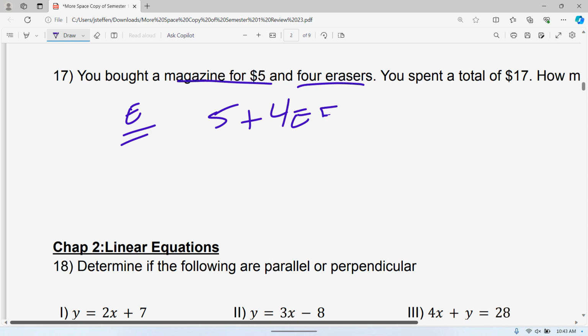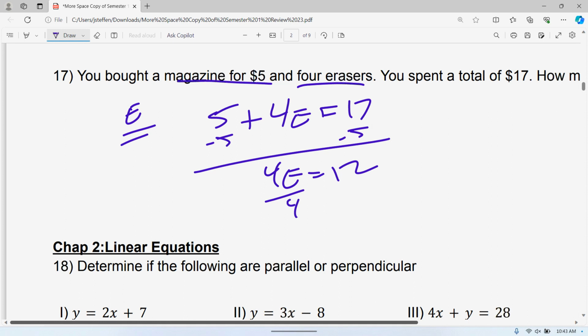That gave me a total of $17. Subtract 5, 4E is equal to 12, divide by 4, E is equal to 3. So 3 dollars is how much each eraser cost, and they only spent $17.